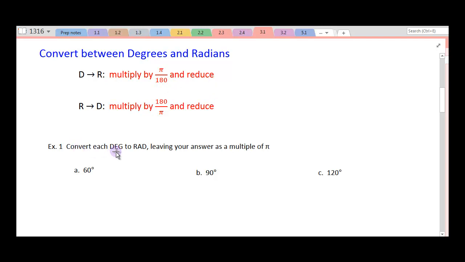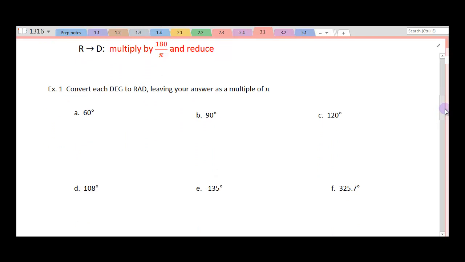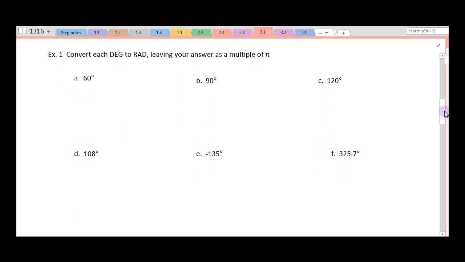In this example, I'm going to convert from degrees to radians, and I'm going to leave my answer as a multiple of pi. We're going to be dealing a lot with fractions in this section, and really when we deal with radians. So we're going to become familiar with using our calculator and allowing the calculator to do the fractions for us.